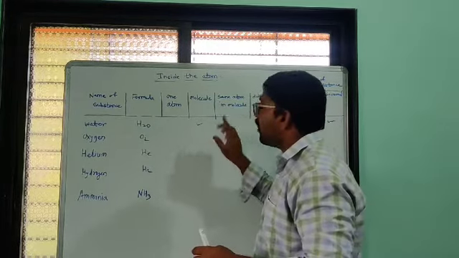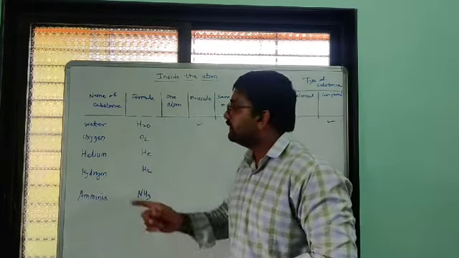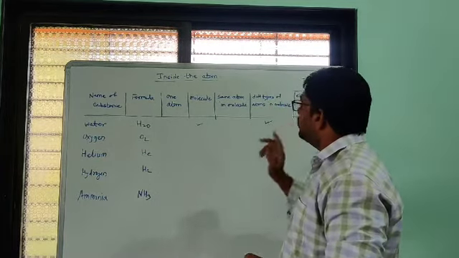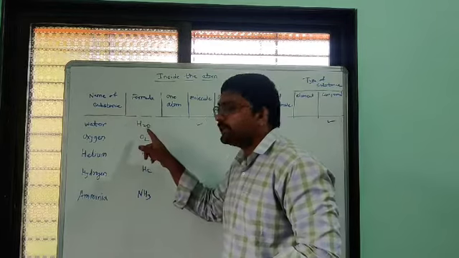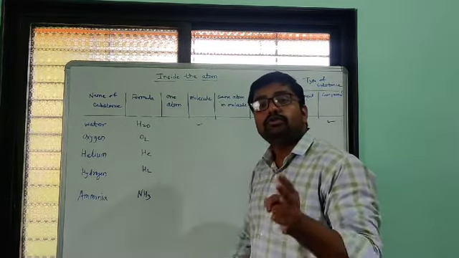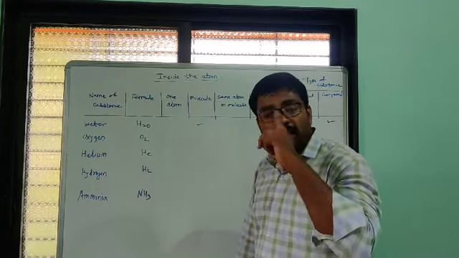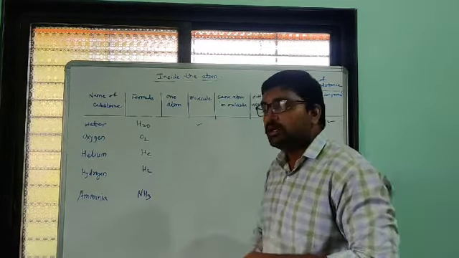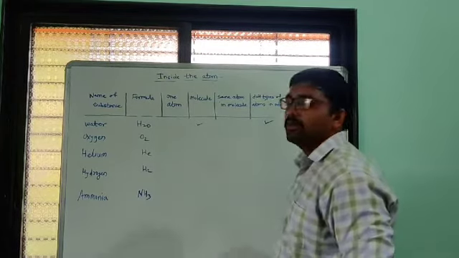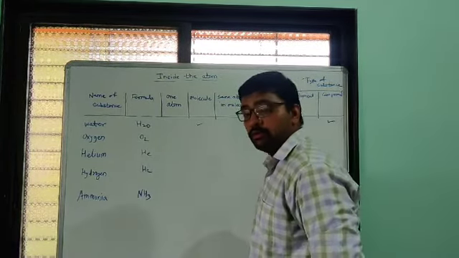So these are not the same type of atoms in this molecule. Next is different types of atoms in the molecule. Yes, hydrogen is one type of atom, and oxygen is a different type of atom. So two different types of atoms are combined here with each other, so we have to tick here: yes, different types of atoms in the molecule.